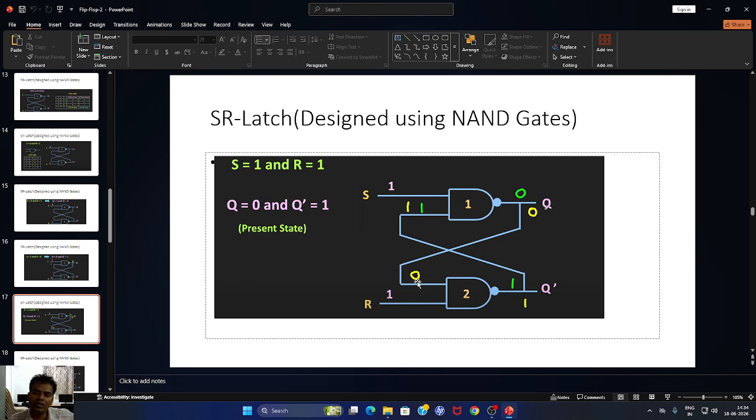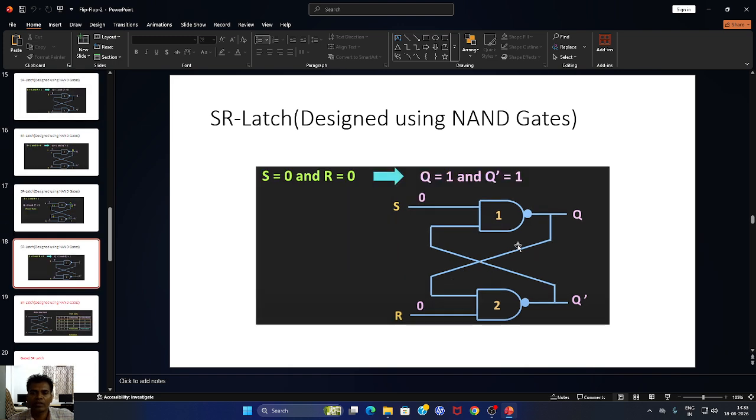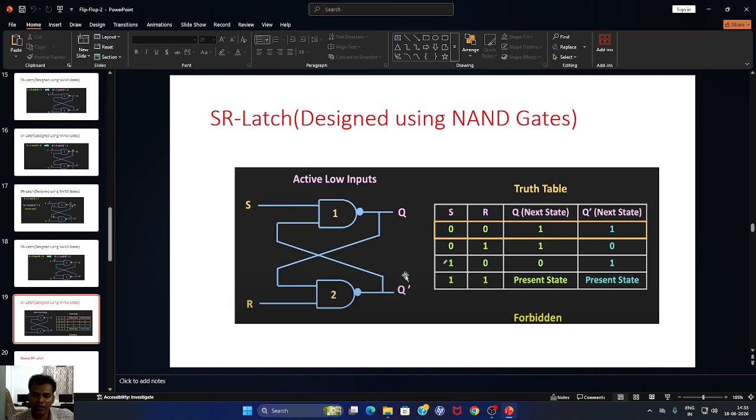One of the inputs is 0. What is the output value? 1. This 1 is connected to one input of NAND gate 1, and here also 1. Both the inputs are 1 1, so the output becomes 0, right?